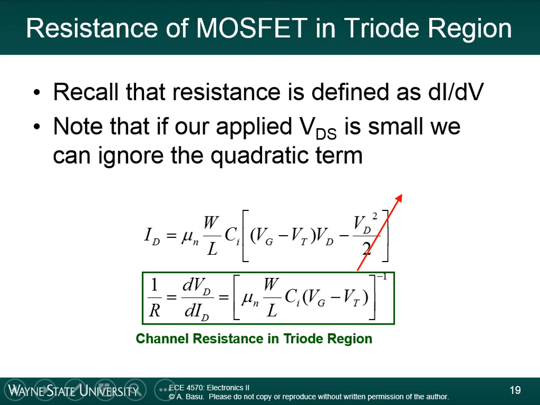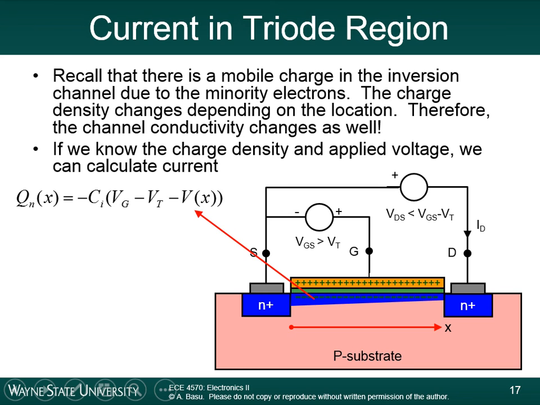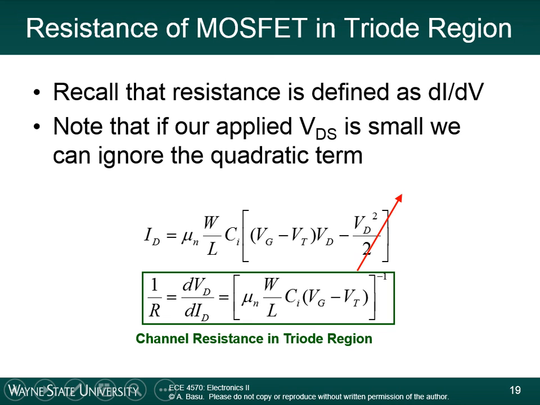Mathematically, taking the derivative dV/dI gives you 1 over R, and taking dI/dV will give you the resistance. So this is a way to find the equivalent resistance in the triode region. In other words, this thing is behaving as a resistor from source to drain, and we've just found the value of that resistance.